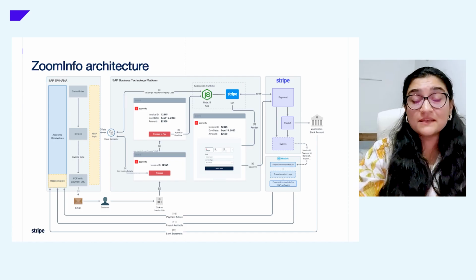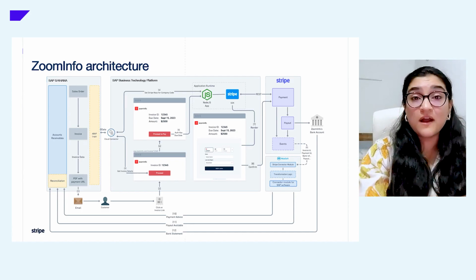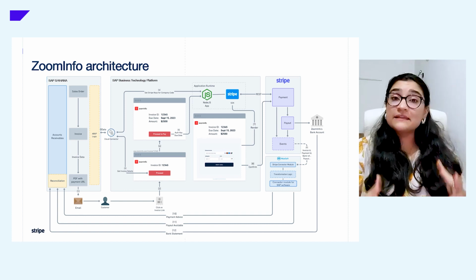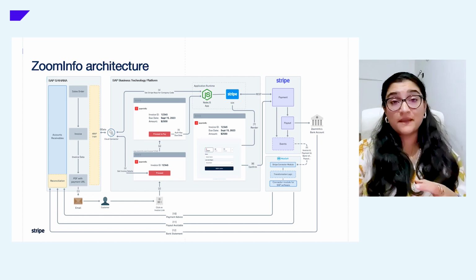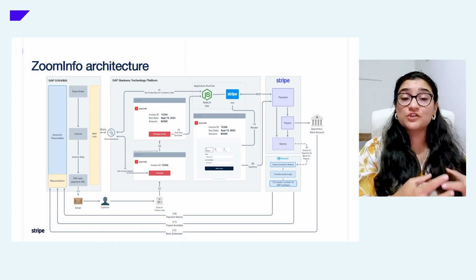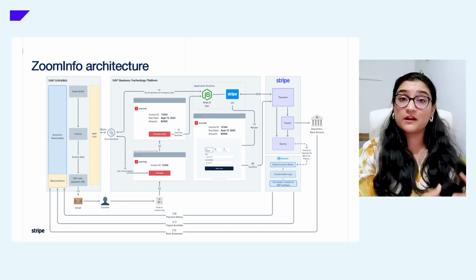As soon as the payment intent hits the S/4HANA layer for ZoomInfo, we basically clear that much amount that was paid by the customer from the open AR, meaning we move that much amount or money to the clearing account of ZoomInfo. And now, after 2 to 3 days, when the actual payment was made, Stripe is able to move the physical money from Stripe's bank account to ZoomInfo's account.